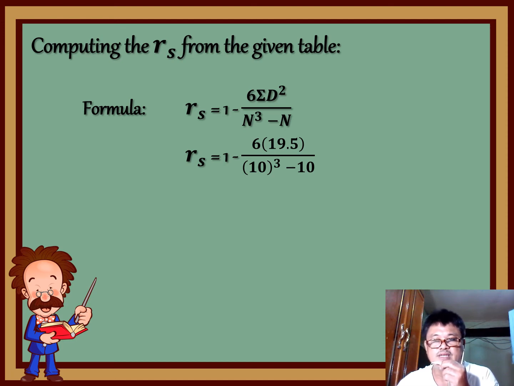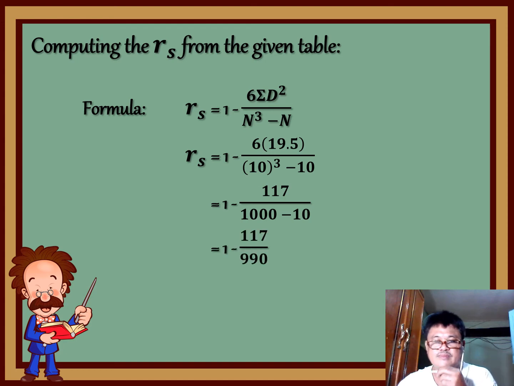Now let's proceed to the computation. You will multiply 6 times 19.5, which is 117. And 10 exponent 3 is 1000 minus 10, which is 990.